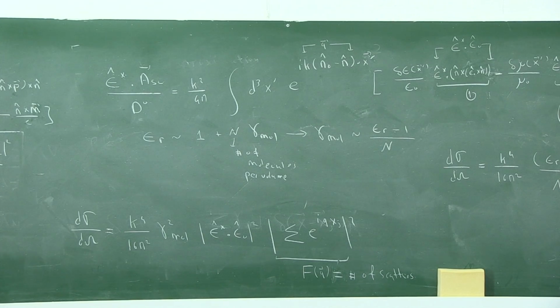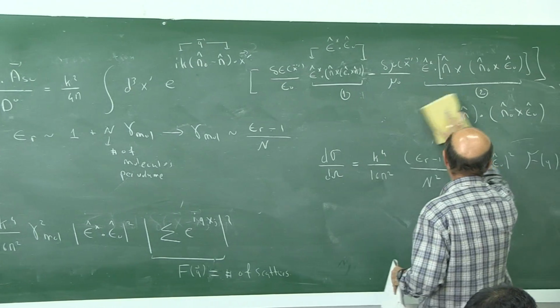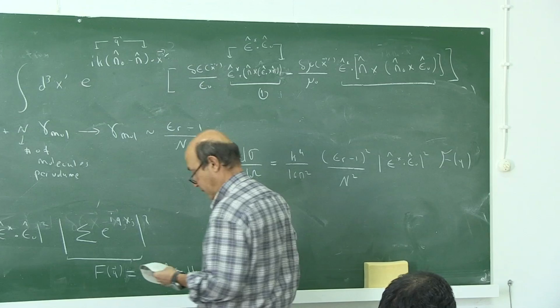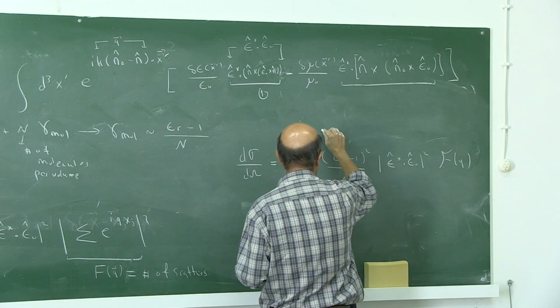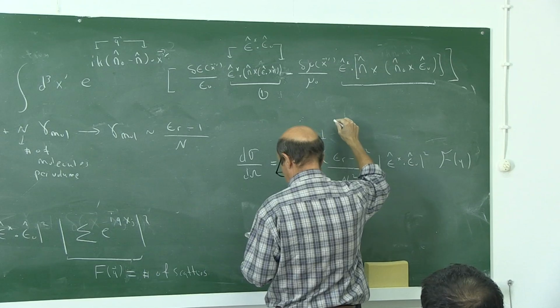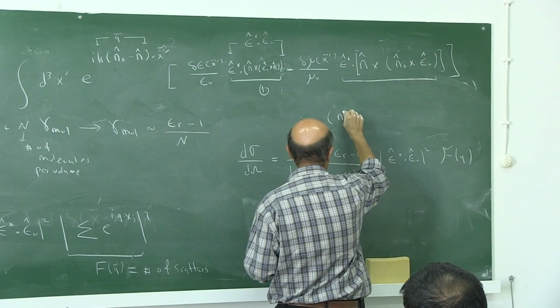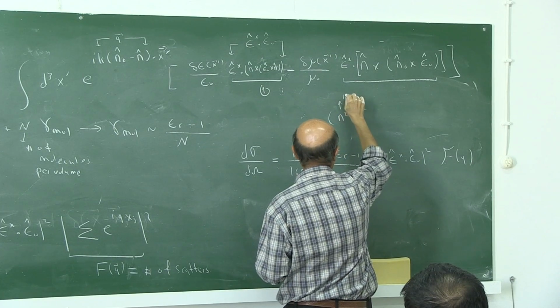And let us do a simple thing here. So this is equal to, in terms of refractive index, the square of n square minus 1.